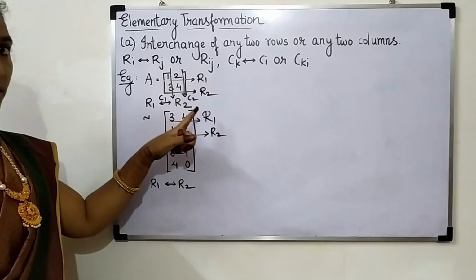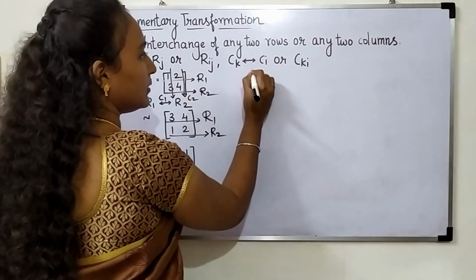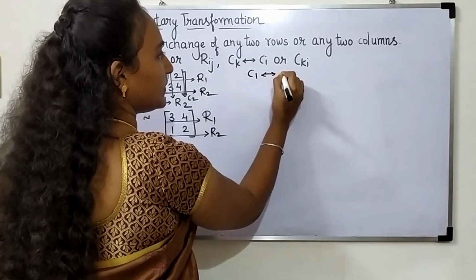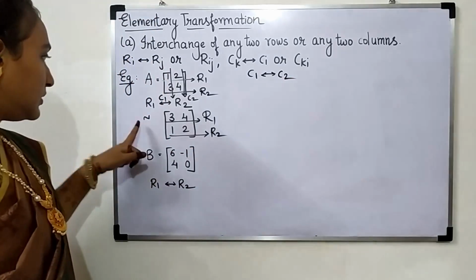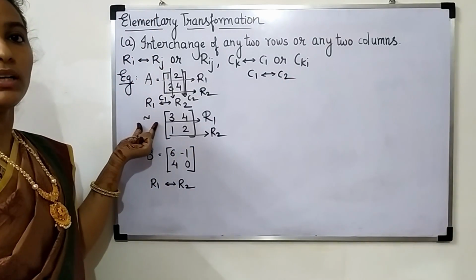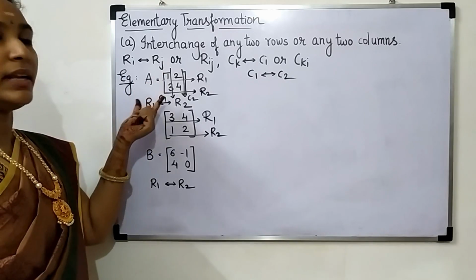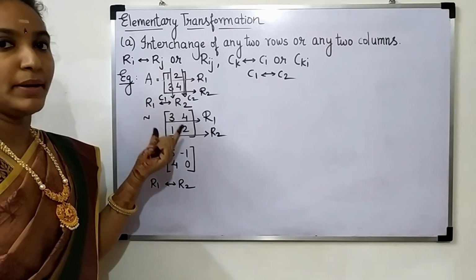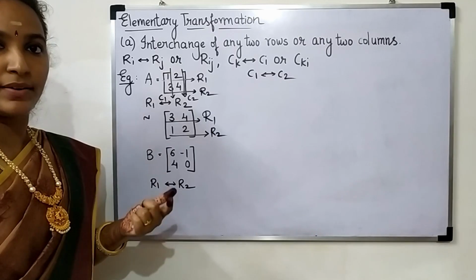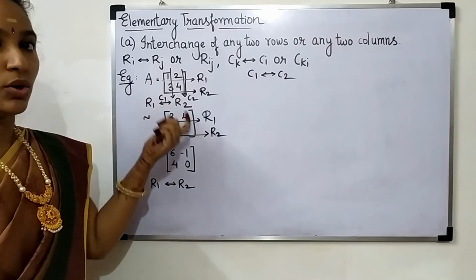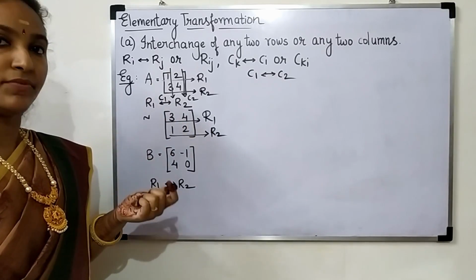Similarly, we can do it for the column also, that is C1 interchange with C2. Whenever you apply the elementary transformation, we get a new matrix which is equivalent to the original matrix. It is not a different matrix.